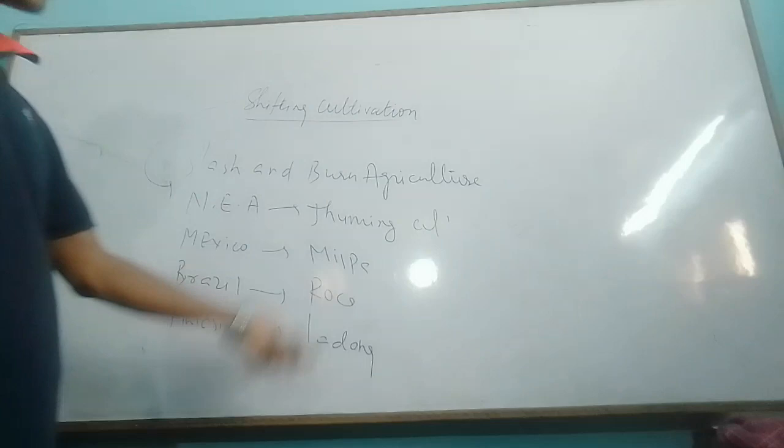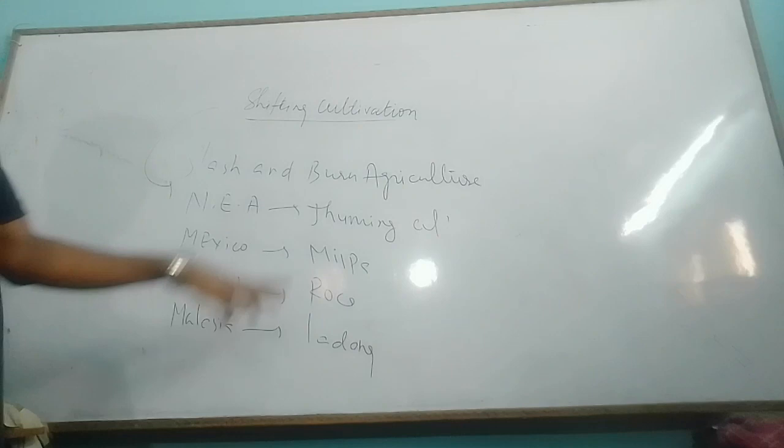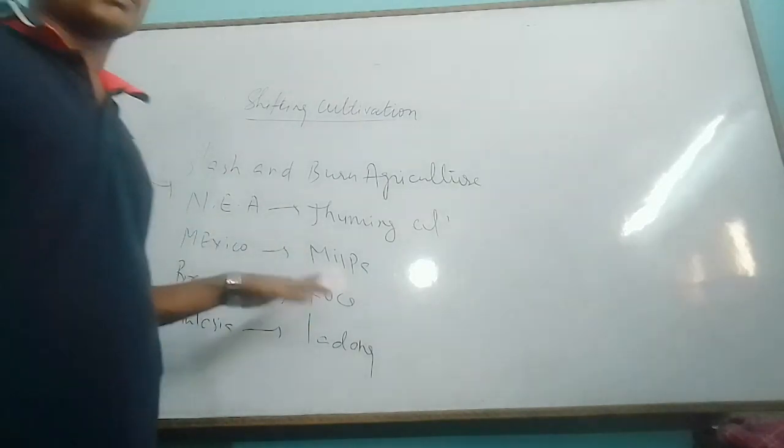So these are the names used in these areas. Jhuming cultivation in Northeast Asia, milpa in Mexico, roca in Brazil, and ladang in Malaysia. These are the different names of shifting cultivation in different areas.